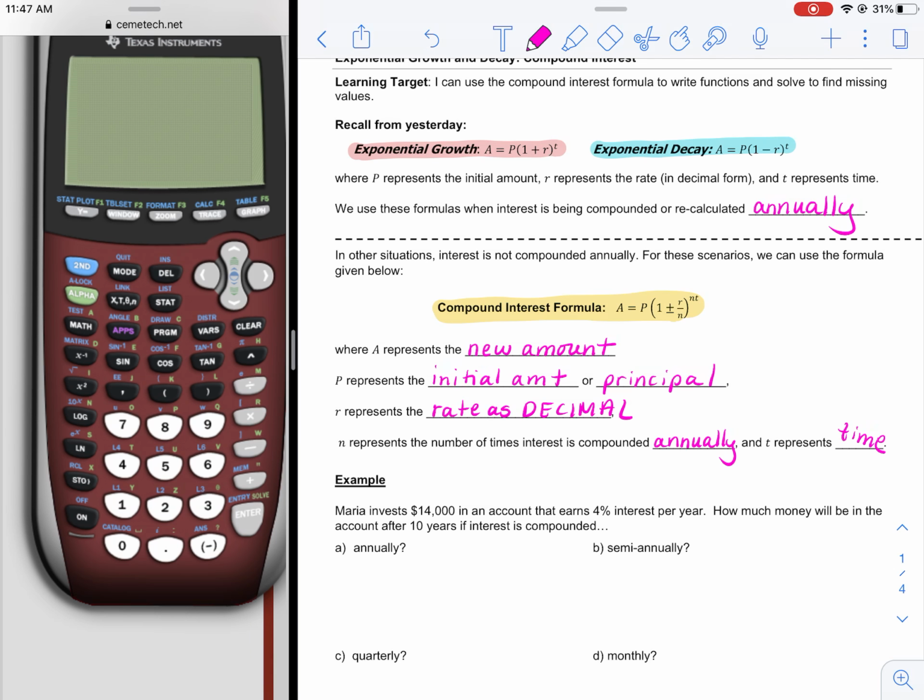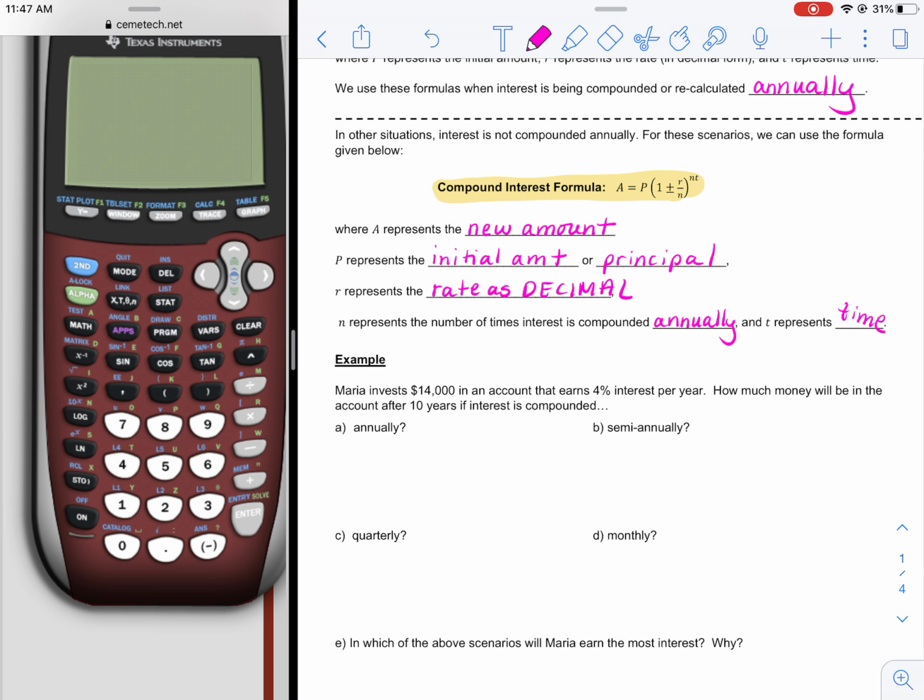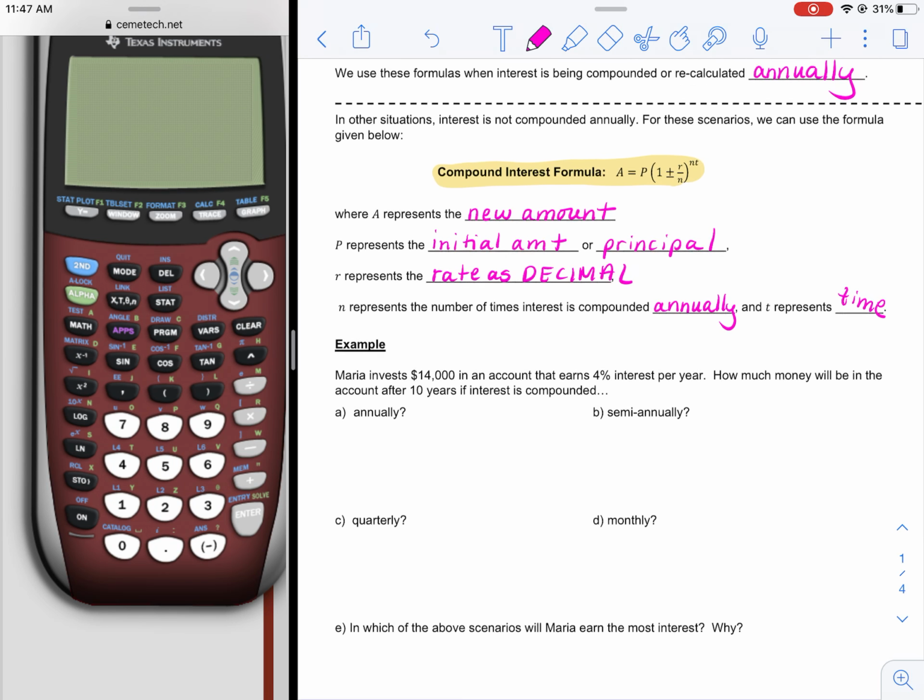For example, if interest is compounded semi-annually, then n equals 2. If interest is compounded quarterly, n is 4. Monthly, n is 12. Daily, we usually use 365 days, although obviously this is a leap year, so we'd have to be specific if we were asked about daily.